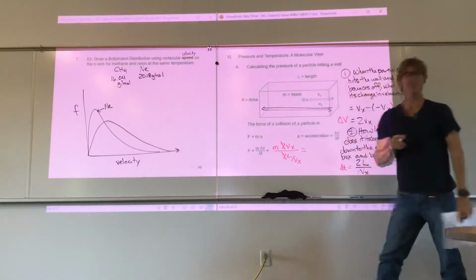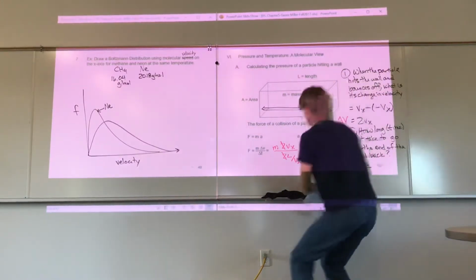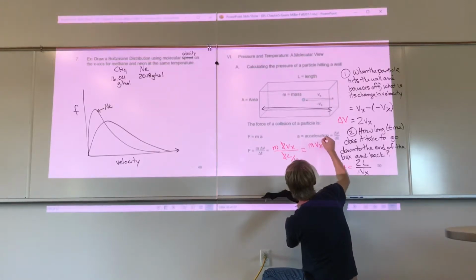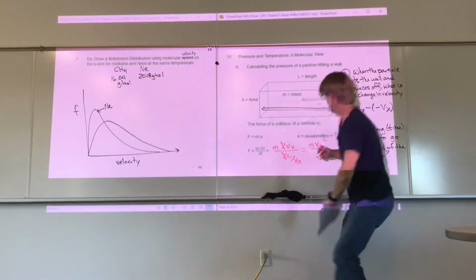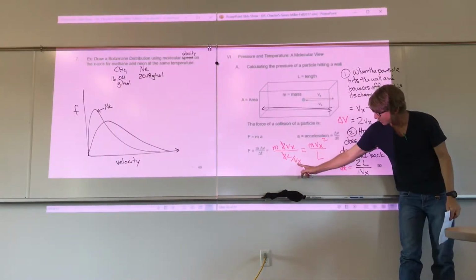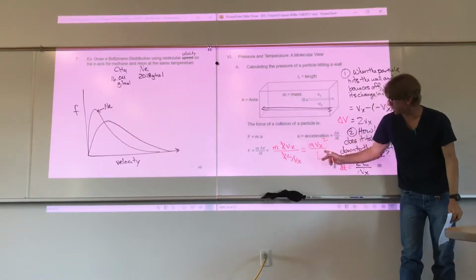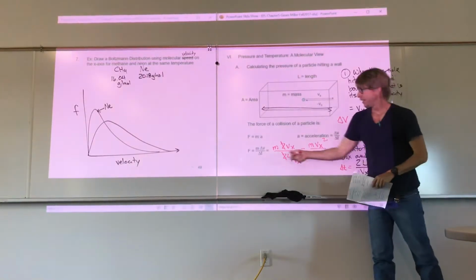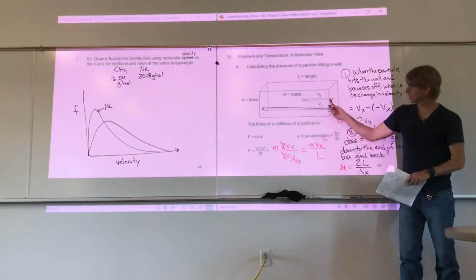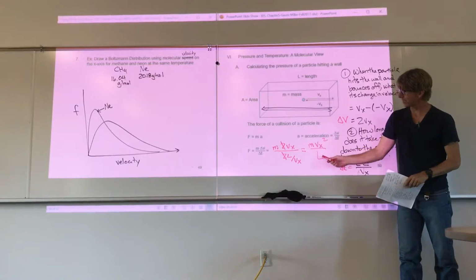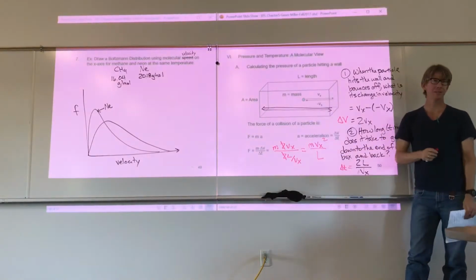My 2's cancel. And the L stays down, but if you're in the denominator, you come back up. And now we have an equation for the force of the collisions on this wall as a function of just mass and velocity of the particle in the box.